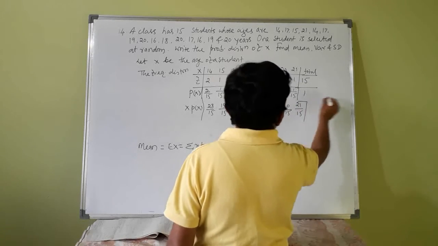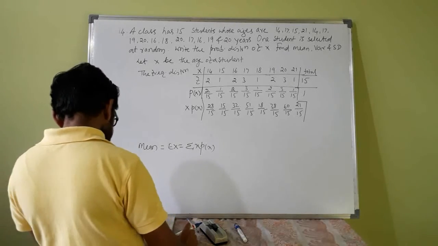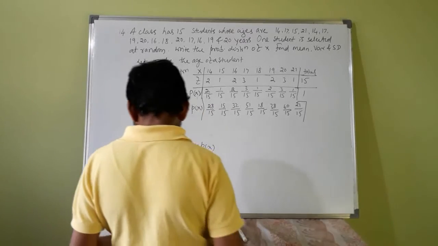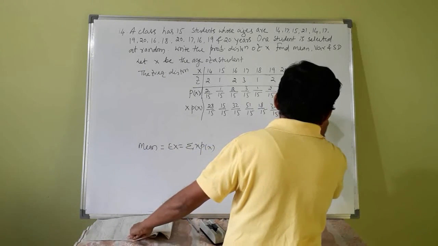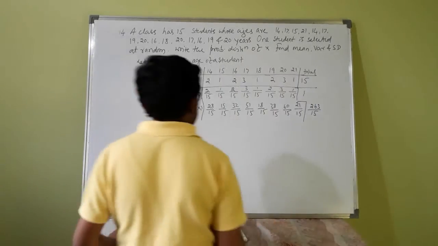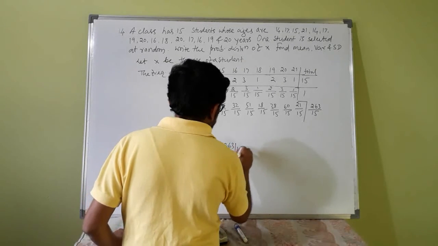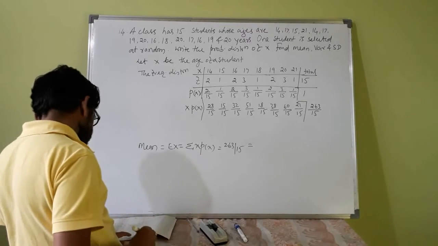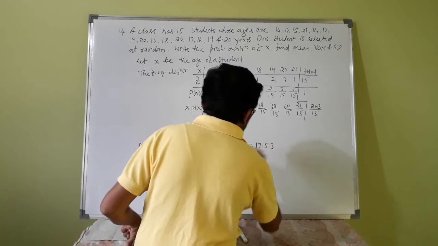So the total is 263 by 15. So this is 263 by 15 is equal to 17.53.